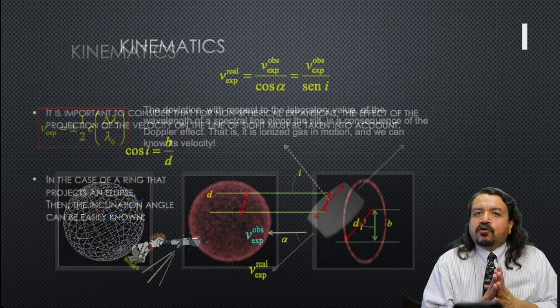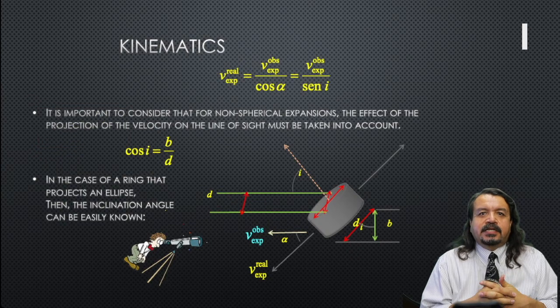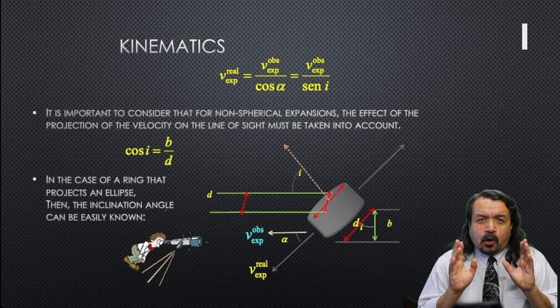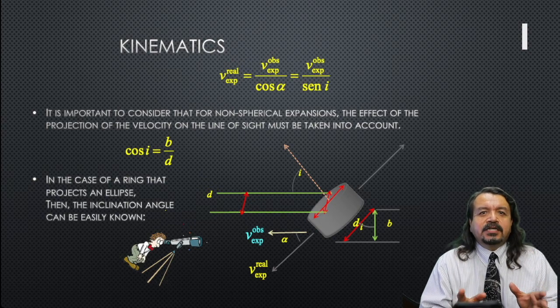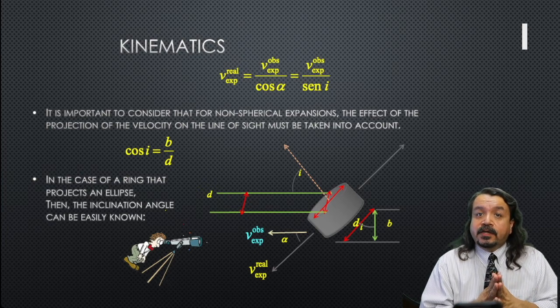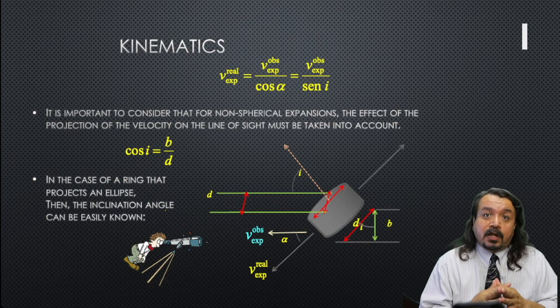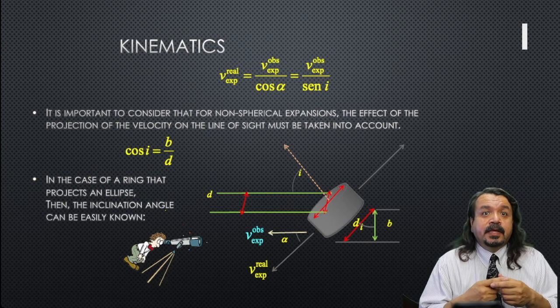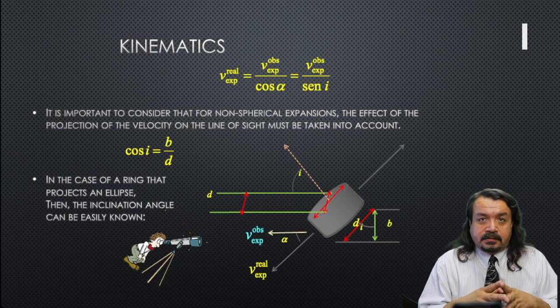Of course, for non-spherical expansions, it is necessary to consider the projection, given that we will always see any three-dimensional structure projected in two dimensions on the plane of the sky. Sometimes it is possible to obtain the angle of inclination, for example, when we identify a ring, like in the picture, but it's not always the case.